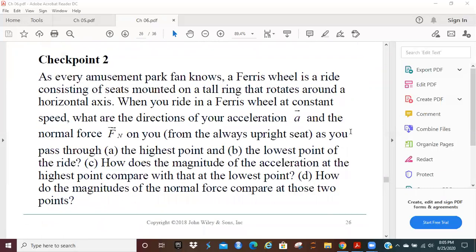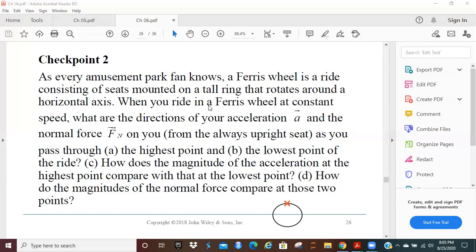Let's see if I can draw this. My tools here are kind of limited, so we've got our Ferris wheel here, and we've got our highest point here. So that'll be our highest point.